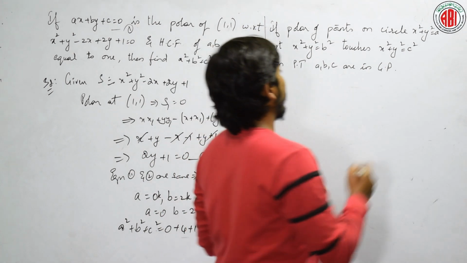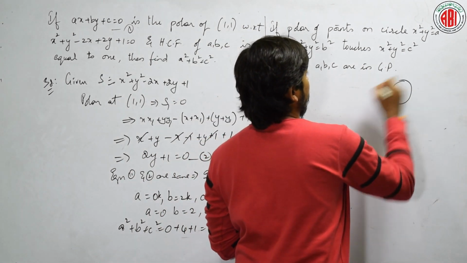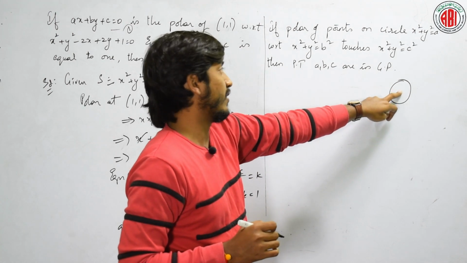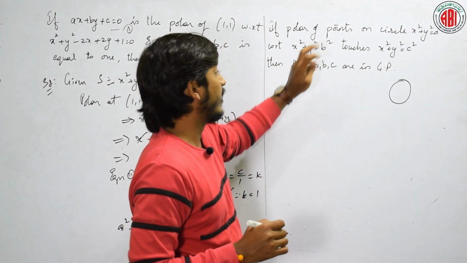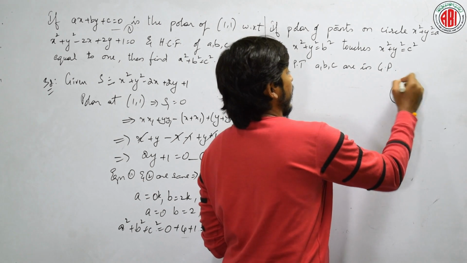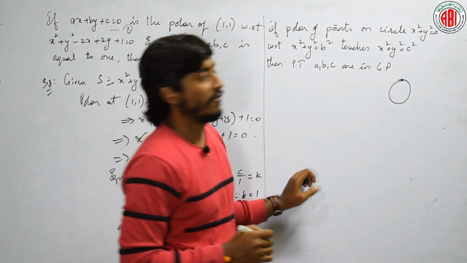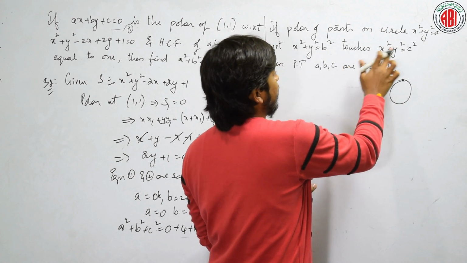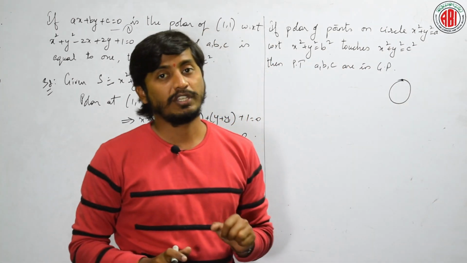Clear? Once again, if this is the first circle, now we have to find the polar of this, and these are the points on this circle, let us say, and we have to find it with respect to this, and it is touching the third circle. How do we do that?